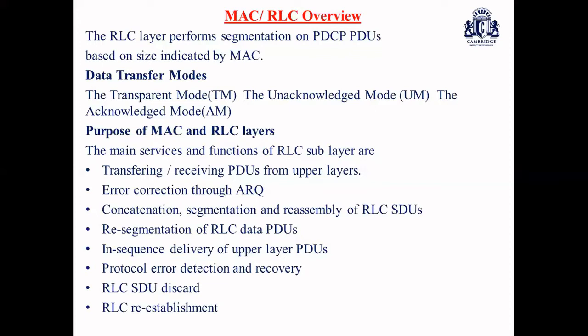Priority handling is also done by the MAC sublayer, as well as transport format selection, that is, what kind of modulation is to be employed and what coding schemes are to be used for adapting the transport of information to be conveyed. If padding is required, when the MAC PDU is not filled with data, it should also be accomplished by the MAC sublayer.